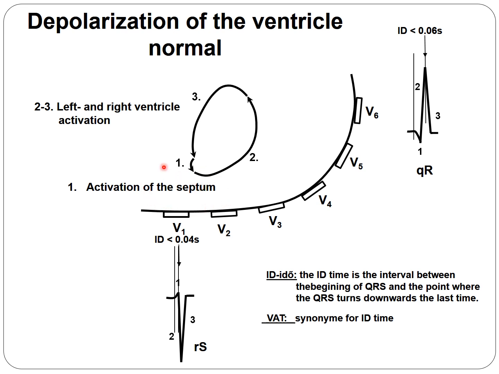However, when this area is activated, it becomes negative and the other area positive, so the charge goes away from this point. From the beginning of the QRS till the last R wave gives us the intrinsic deflection, or ventricle activation time. These are synonyms.